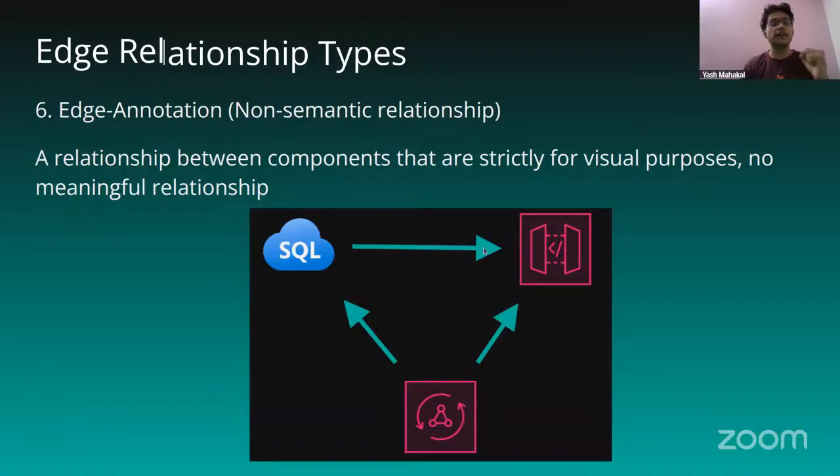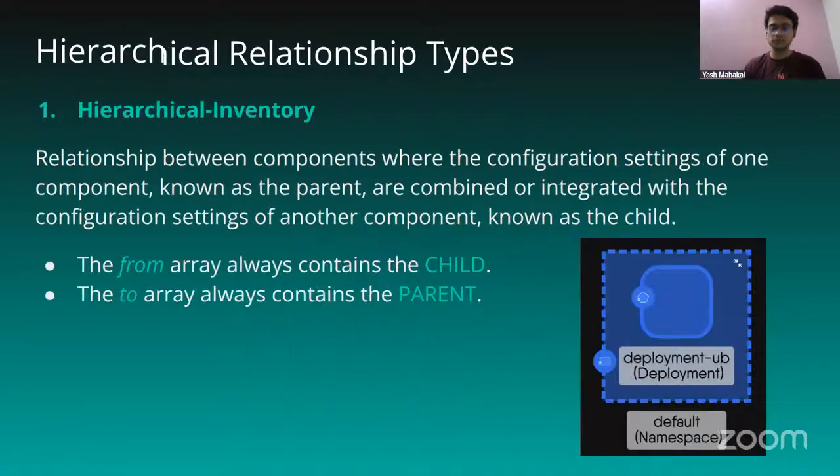Whenever you see a green arrow on the canvas, just understand it is an edge annotation. It is just used for annotation, for labeling, or for visual purposes, and it doesn't have any meaningful relationship. Definitely these relationships will be meaningful, but for user preferences and viewing pleasure only. That's why it is called an edge annotation relationship.